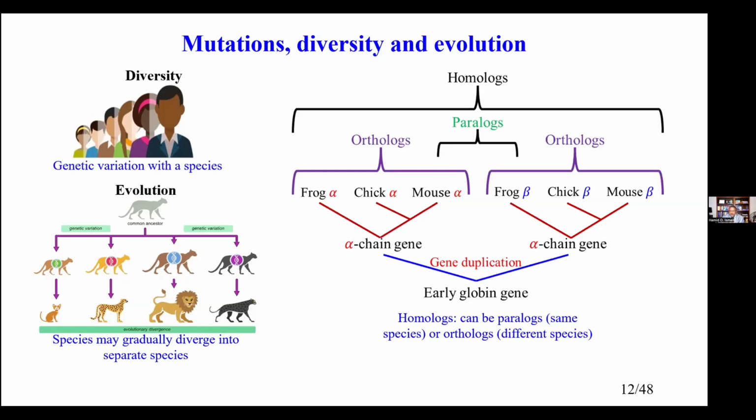Gene duplications take place in the same organism, and after a long time, like globin, for example, this early globin gene was supposed to be the ancestor gene of alpha and beta globin, hemoglobin, myoglobin, cytoglobin and the different globins. They think this is the common ancestor from a long time ago. But because of duplication, they diverged into, for example, alpha chain gene and beta chain gene.